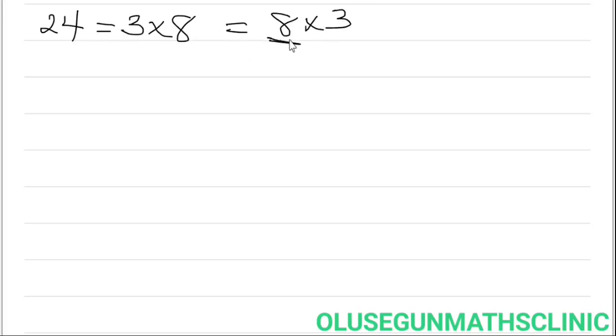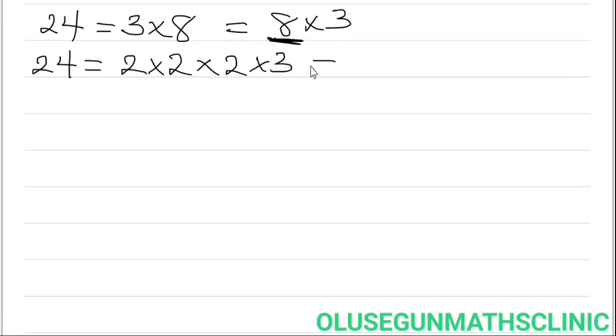But recall that 8 is not a prime factor. So if you want to write the product of the prime factors, you say 2 times 2 times 2 times 3. So this is the product of the prime factors. We have 2 raised to power 3 times 3. That's all.